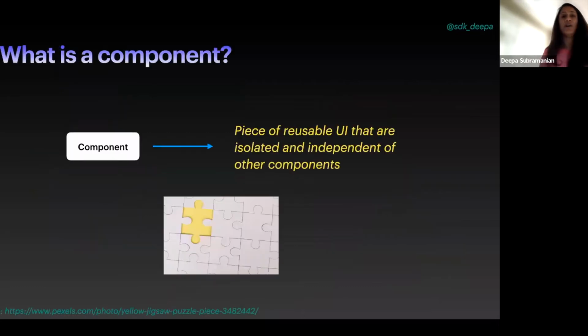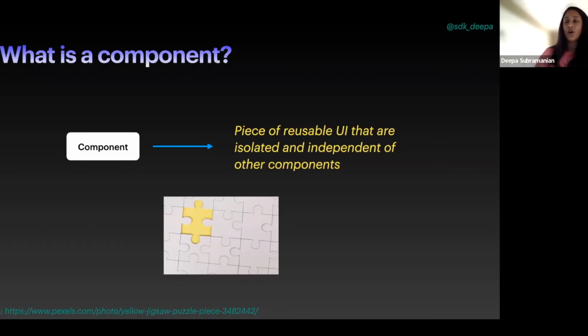Now, let's see what a component is. Everything in React is a component. So what is it? It's a piece of reusable UI. Imagine this as a puzzle piece, okay? Every component is like a puzzle piece, isolated and independent of other puzzle pieces.